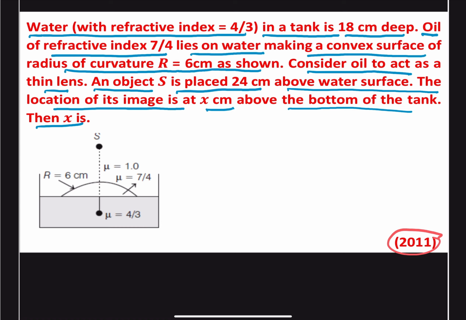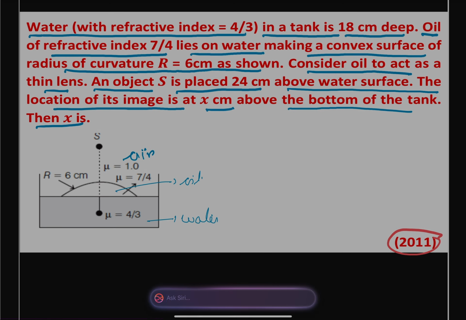So this is our water, and then this is our oil, and then we have our air. So ideally we have three surfaces, and the object is placed at 24 centimeter, that is our S. Okay, S is given.